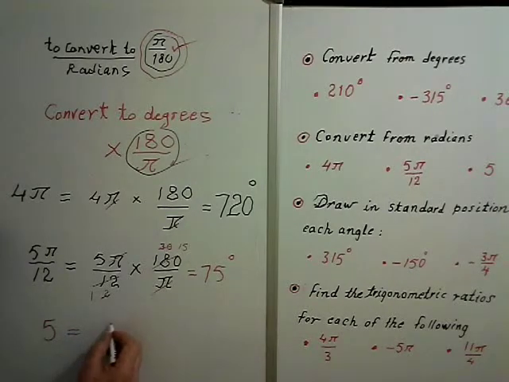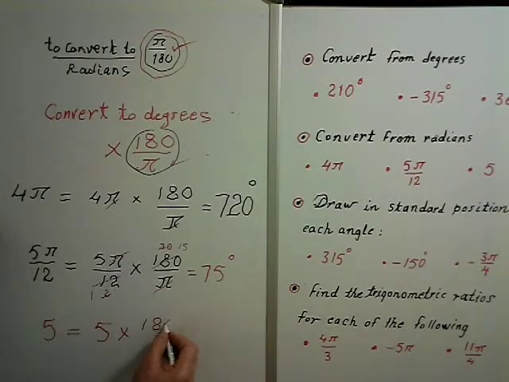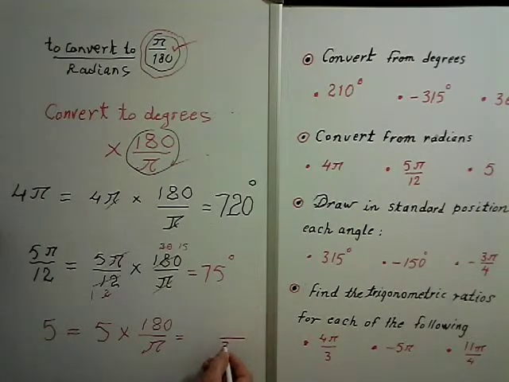Multiply it by 180 over pi. Here, because there is no pi to cancel with pi, we just substitute for pi, which is about 3.14. So 180 over 3.14, times 5.